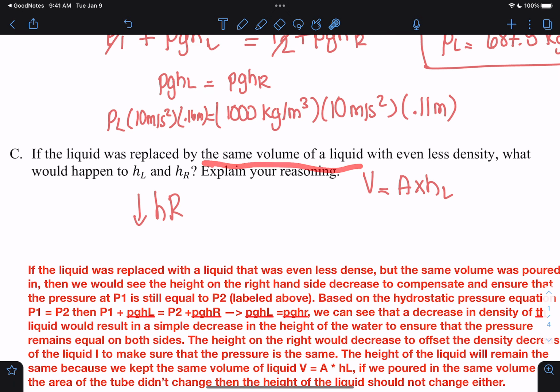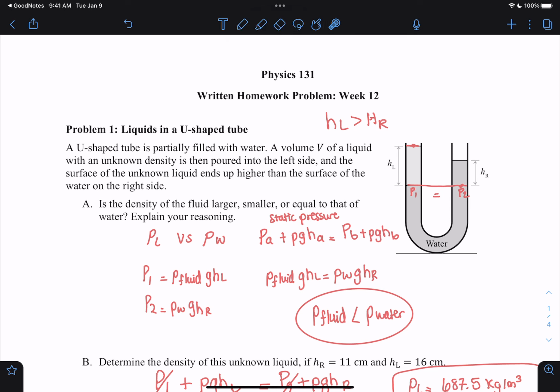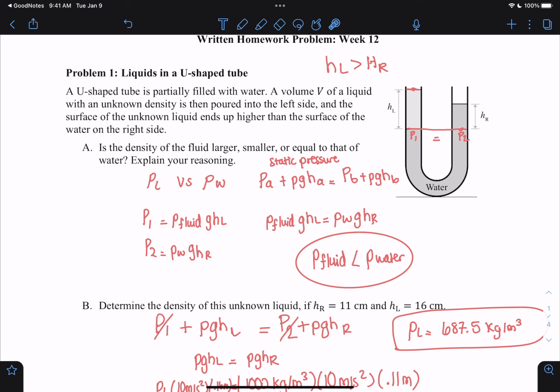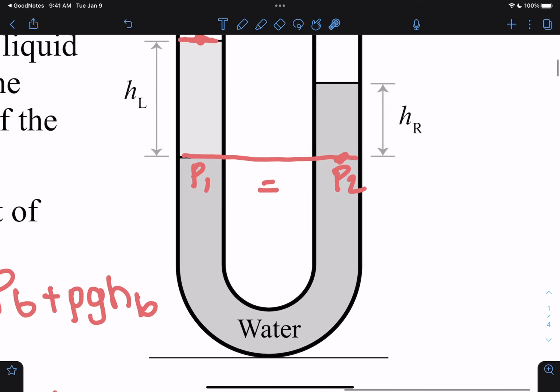So if the same volume is equal to area times height, well, the cross-sectional area of the tube you're pouring into didn't change. If you're pouring in the same volume, same 60 mL, same 100 mL or whatever, then the height shouldn't change. So height on the left doesn't change. Height on the right will decrease in order to compensate for that density decrease, to maintain that same pressure at P1 and P2.